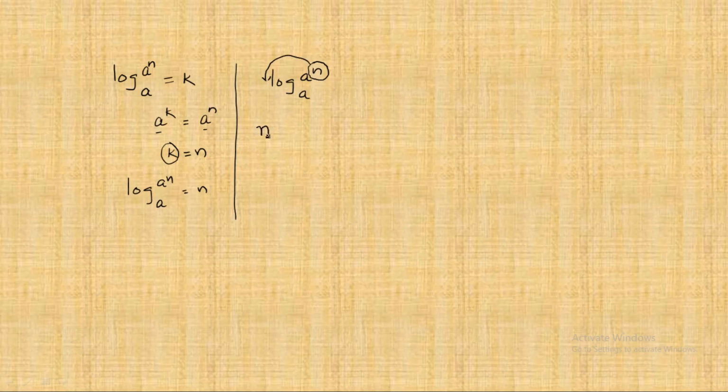So this becomes n times log a base a. We already know that the logarithm of any value to the same base becomes 1. So this entire value will become 1, and n times 1 is always n. So this is the value of log a power n to the base a. So in logarithms, if we find any of these values in this form, directly we can write the answer as the power.